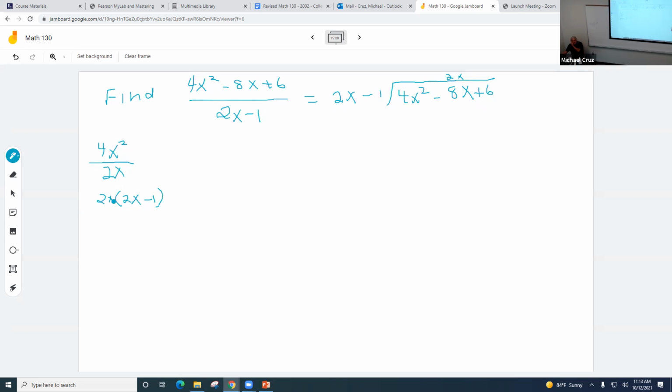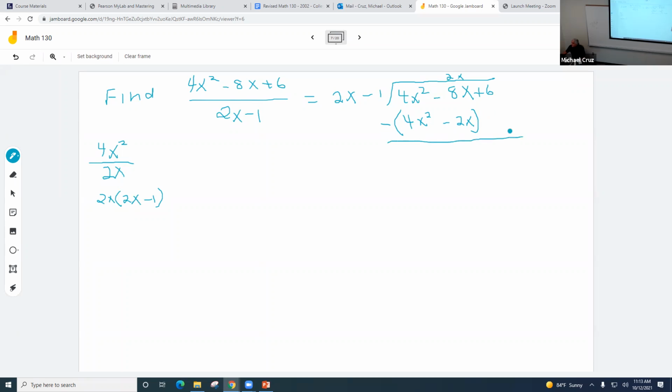All right, so 2x times 2x is 4x squared. I'm going to worry about changing the sign in a second. And 2x times -1 is -2x. All right, so then what we're going to do is subtract here.